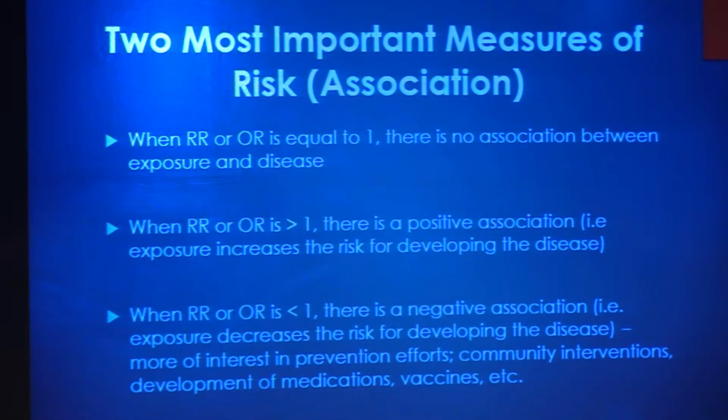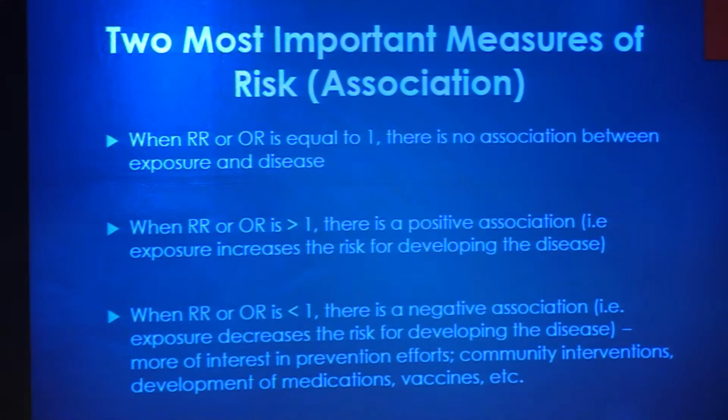Now we need to talk a little bit about interpretation. Number one: if your risk ratio or the odds ratio is equal to 1, there is no association between exposure and disease. Why is that the case?